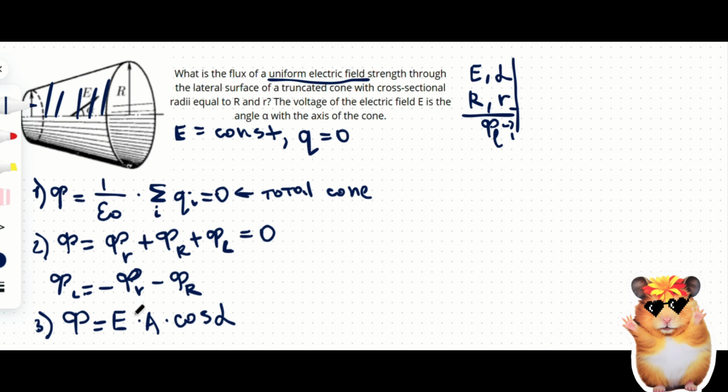Here, our base area is equal to pi r squared. So we put pi r squared into our formula, but that is not the whole case because we also have the angle alpha. So I'm going to show you that.